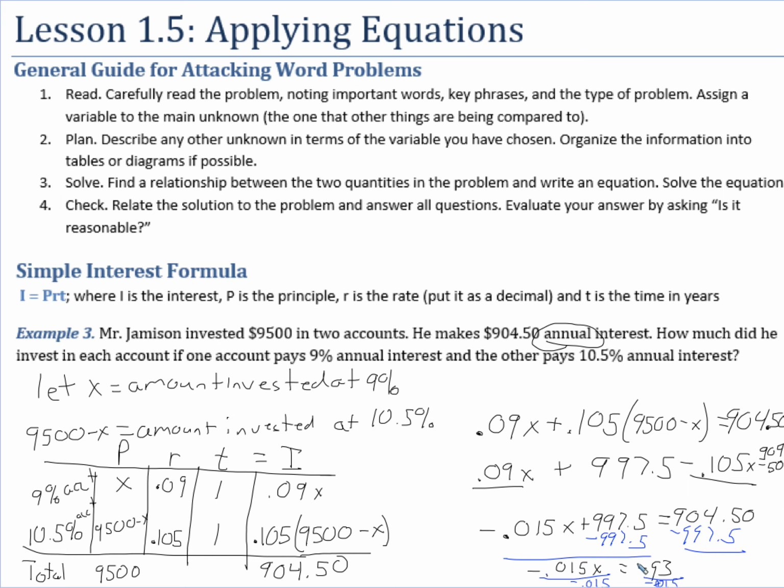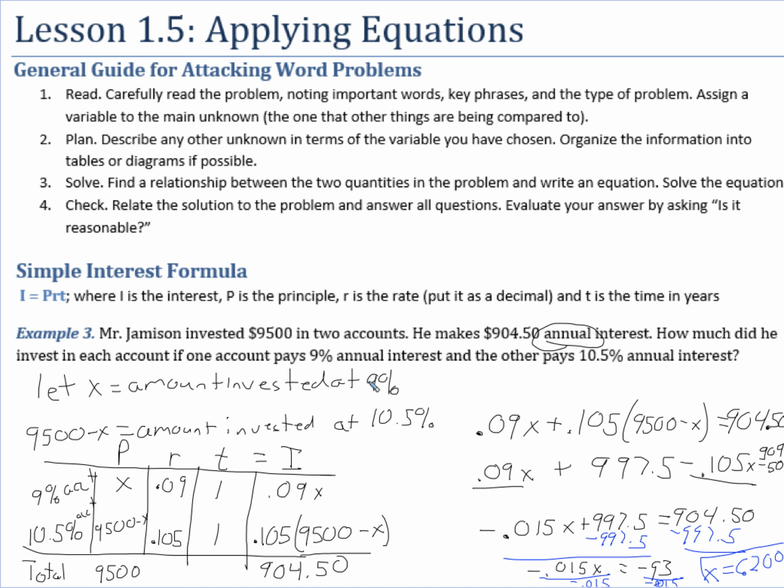And so we can do negative 93 divided by negative 0.015, and you get 6,200. So I'm going to squeeze that over here. x equals 6,200. Now we have to figure out what x stands for.